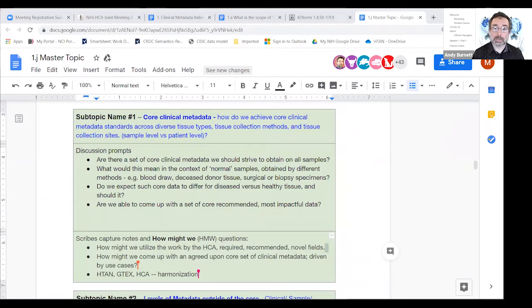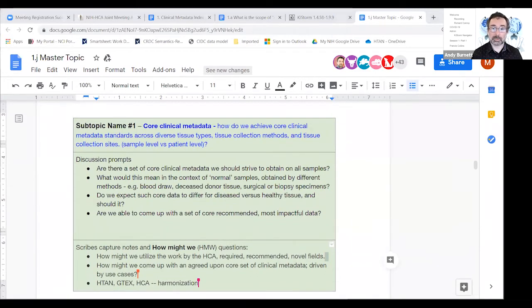My suggestion is, when we come back for the second part of the session, it would be most useful for us all to come back into plenary, and then the first part of our discussion will be whether people want to go into the subtopic breakouts. Does that seem reasonable?